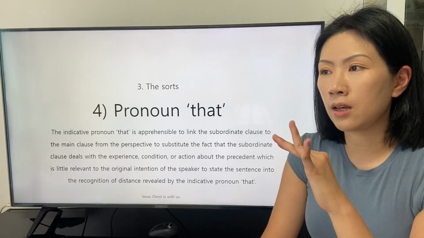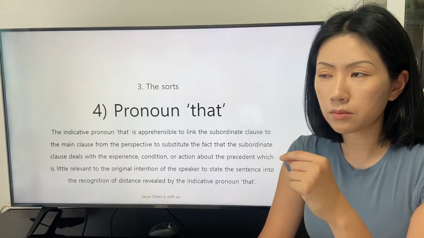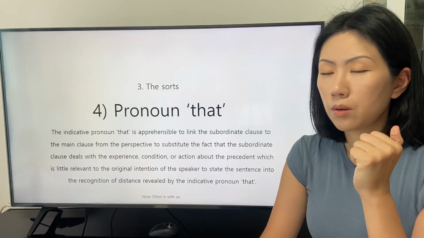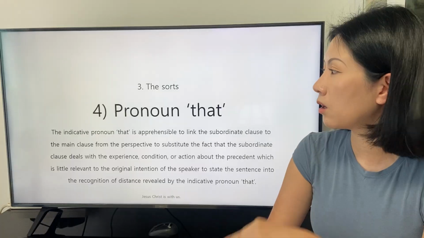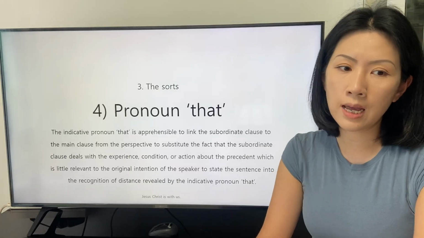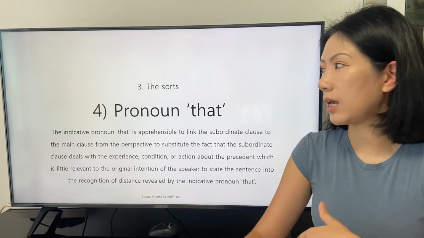This is the relation between the indicated pronoun that as the origin of the subordinating conjunction that and the subordinating conjunction that.